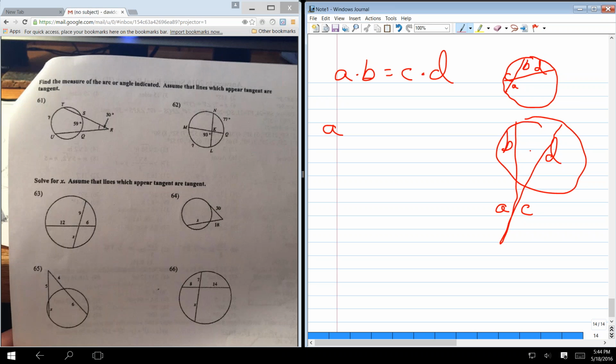This is intersecting secant lines that intersect outside the circle. So this equation is not A times B equals C times D. Not the same at all. This is A times A plus B, the entire length of the secant line, equals C times the entire length of that secant line, which is C plus D.